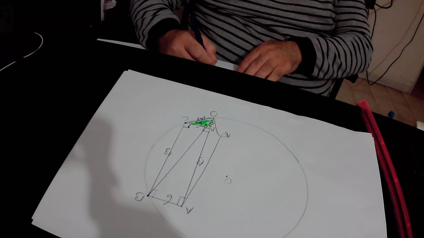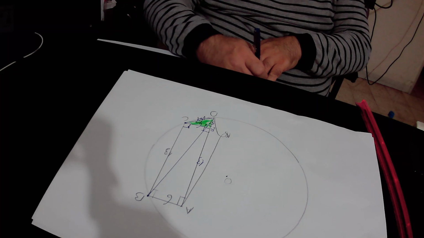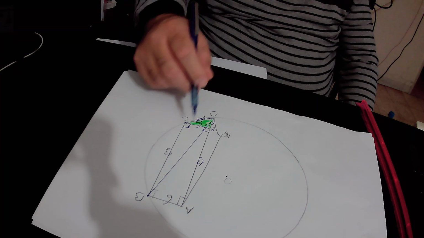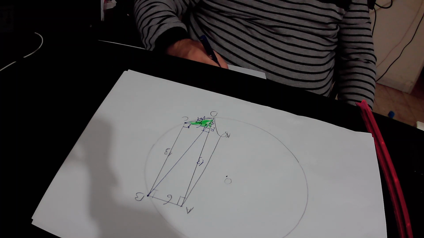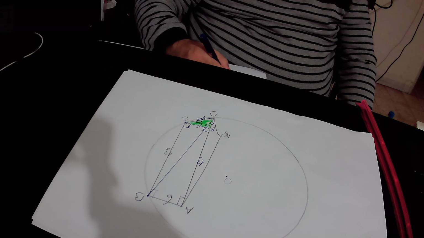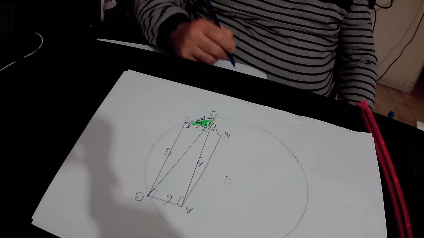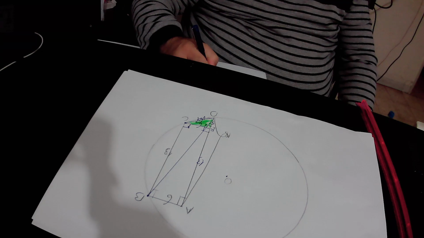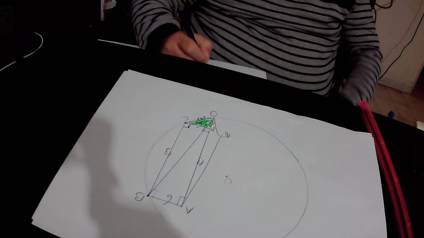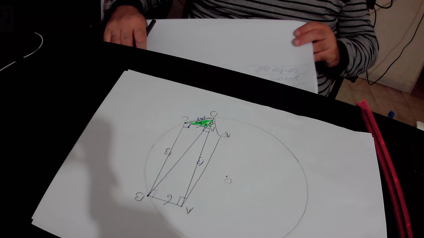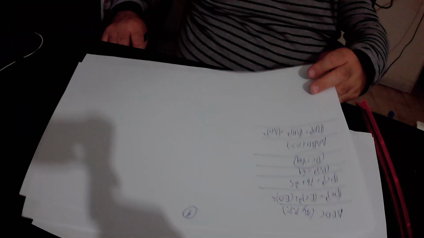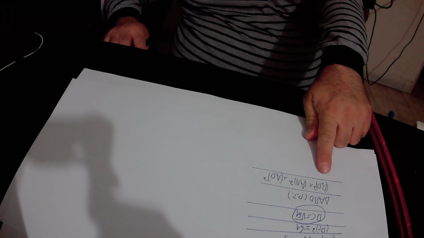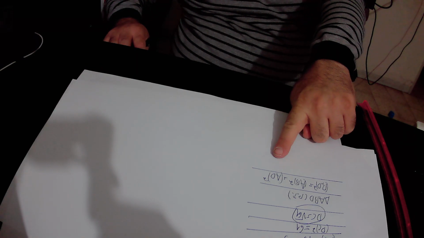And it must be equal to the sum of the squares of the perpendicular sides, that is to say, AB squared plus AD squared. So in conclusion, in the right triangle ABD, according to the Pythagoras theorem, BD squared equals AB squared plus AD squared.